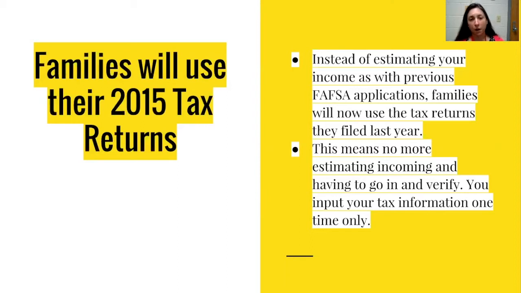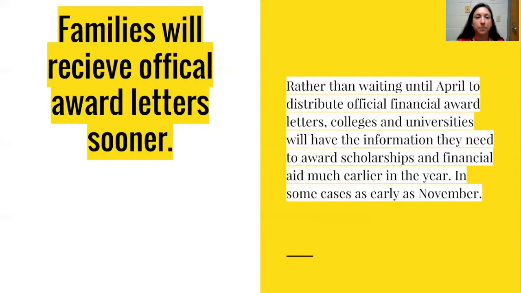You're using taxes you've already filed to actually state your income. And through the FAFSA web portal, you can also use the IRS auto-populator. You'll enter your information and it'll find your tax documents for you. And so there's a lot less guesswork and a lot less work on your end.